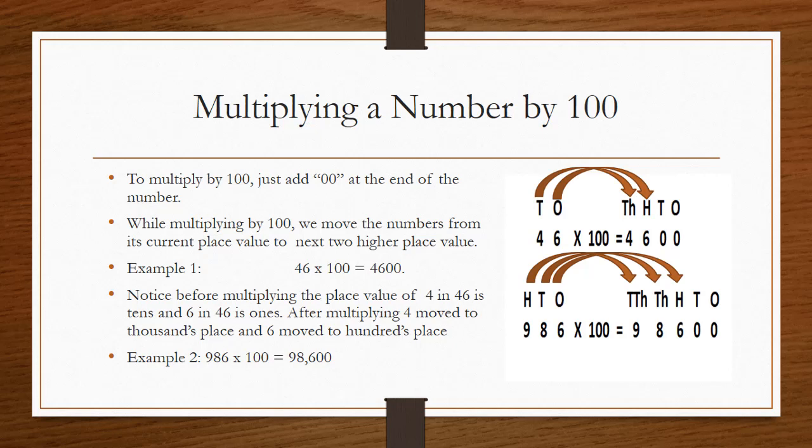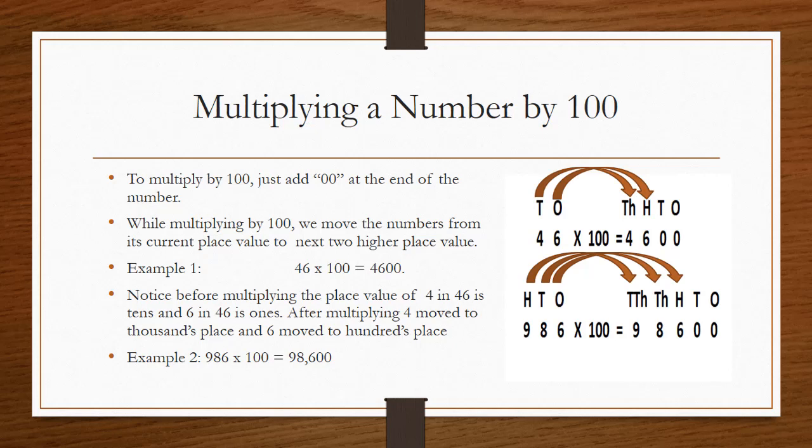Let's see an example. 46 times 100 gives you 4600. From the tens place, 4 has been moved to the thousands place. The 6 which is in the ones place has been moved to the hundreds place. And we added 2 zeros in the tens place and in the ones place.